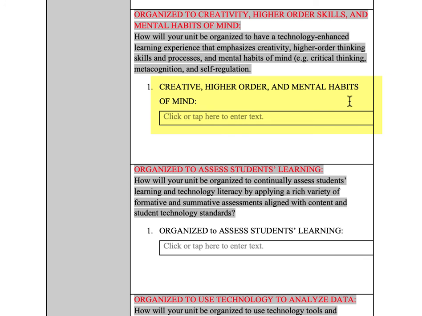The next piece is organized for creativity, higher order skills, and mental habits of mind. So this would be making sure that your unit is organized so that there is a technology-enhanced learning experience that emphasizes creativity and also the habits of mind that prove that the students are thinking intelligently.